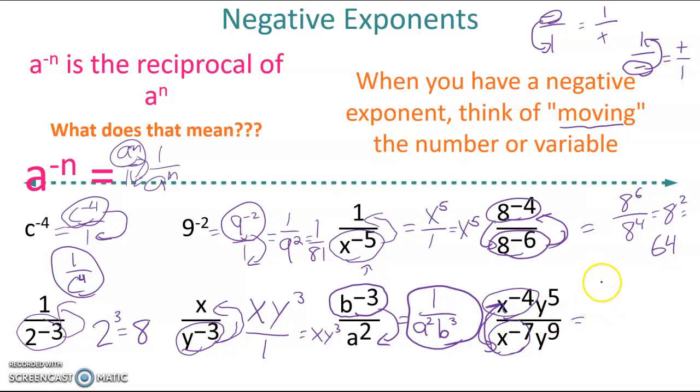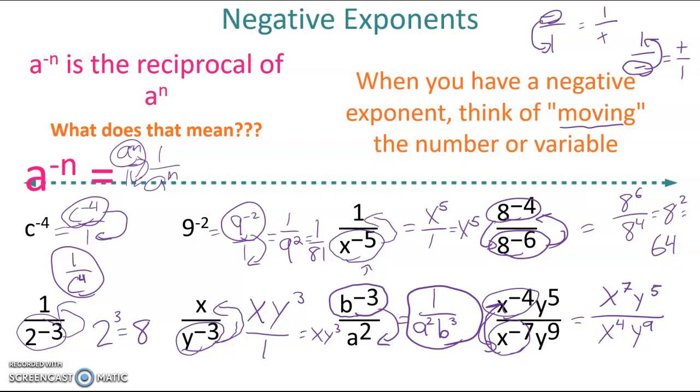They turn positive when they switch sides, so it turns into x to the 7th power. And then the y to the 5th, that's positive. These y's are positive, so they're going to stay where they're at. The y to the 5 is going to stay on the top. The y to the 9 is going to stay on the bottom. X to the negative 4 moves to the bottom and just becomes x to the 4. And then y to the 9th stays on the bottom.